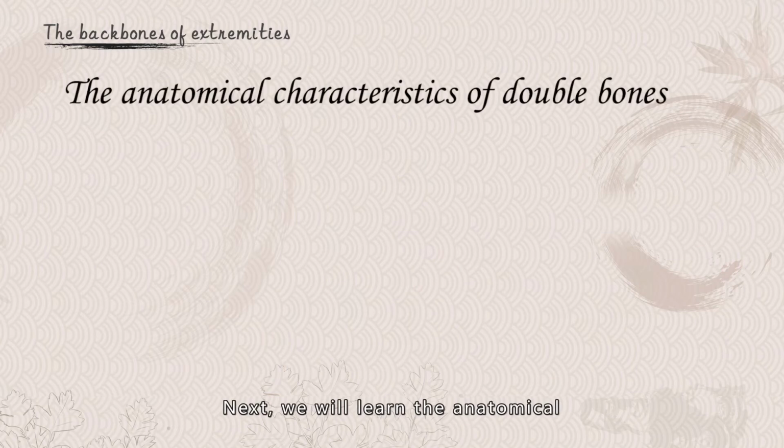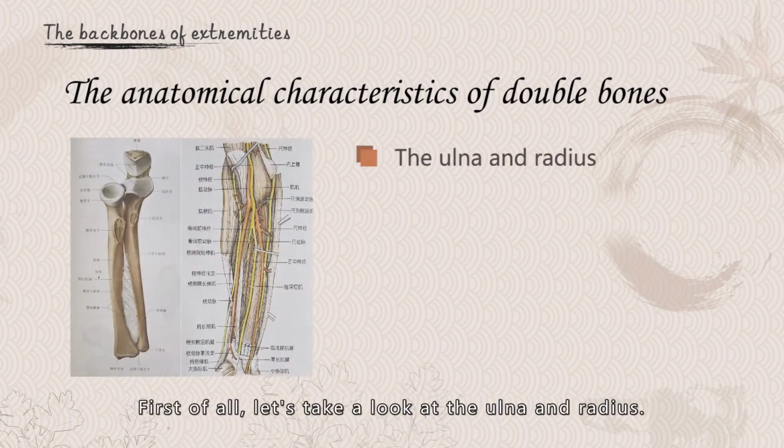Next, we will learn the anatomical characteristics of double bones. First of all, let's take a look at the ulna and radius.